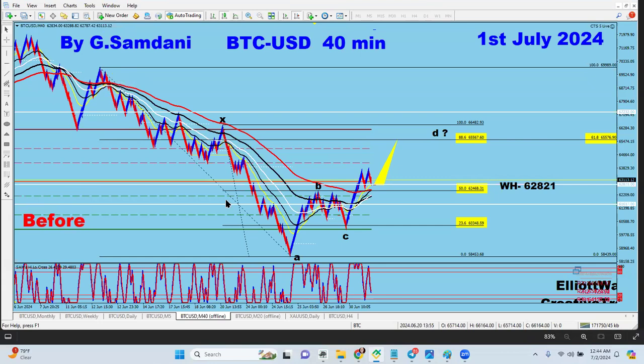If you draw the fib from here to here, you can see the 61% is here. Now, if you draw the fib from this high to this, to see exactly where the retracement is, we touched exactly 50% here. Then we dropped to the 23% line, and then started to go and take out this one.